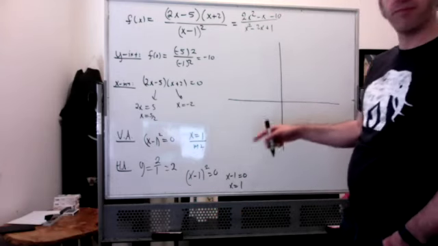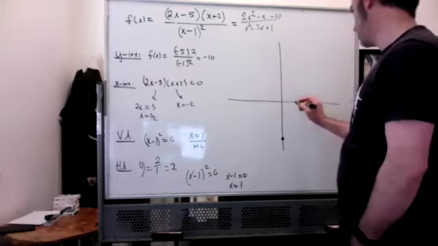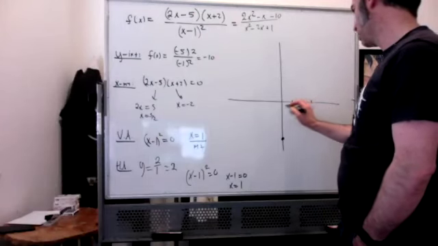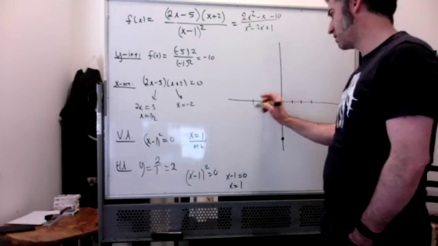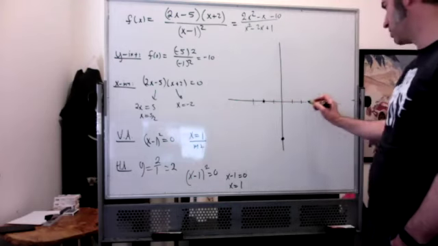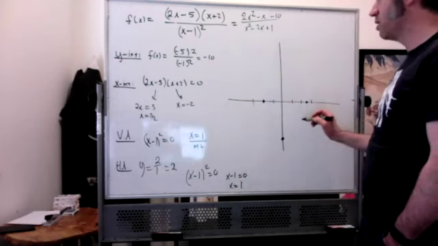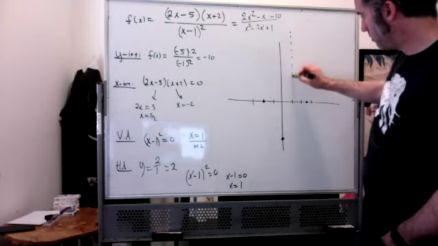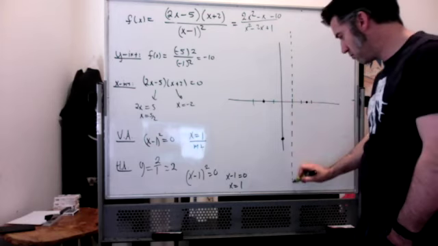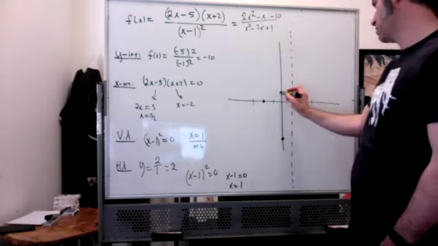Okay. Plotting these points, I'm going to go 1, 2, 3. So x is -2 and x is +5 halves, which is between 2 and 3. And then let's see, I've got a vertical asymptote at 1. And I've got a horizontal asymptote at 2.